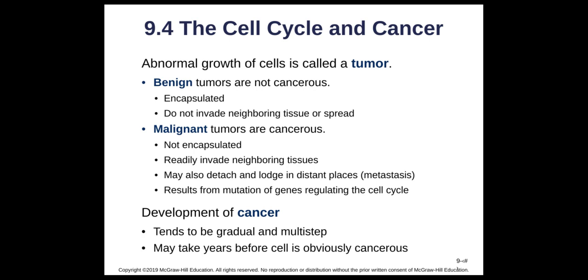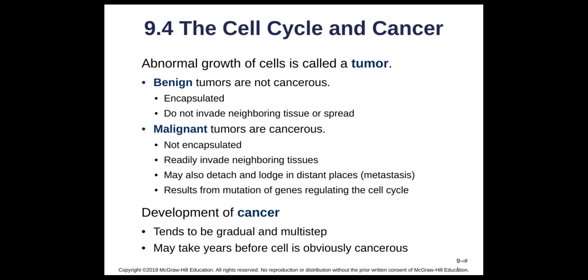The development of cancer tends to be gradual and multi-step. And there are cells in your body all the time that are cancerous, but then your body detects that and it goes through apoptosis or is destroyed.